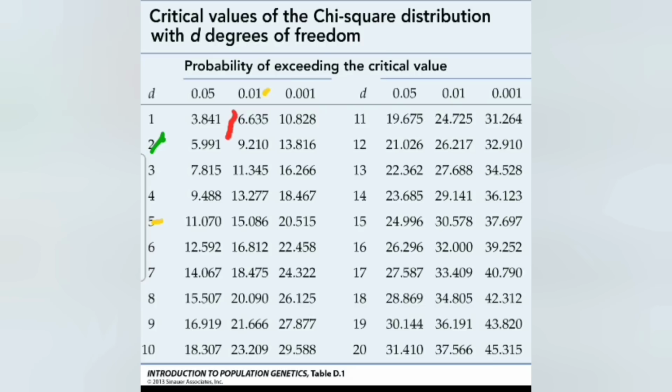You're going to stop at 9.21. That is the critical value for a level of significance of 1% and a degree of freedom of 2. Do you understand? Okay, so that will be all for this class.